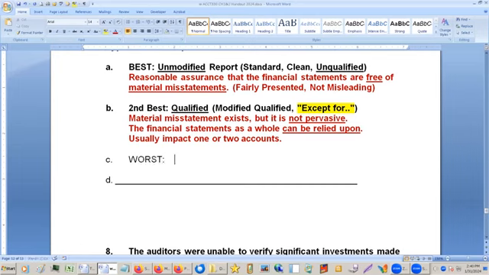The worst opinion. Okay, the worst opinion is an adverse opinion. Okay, adverse report.